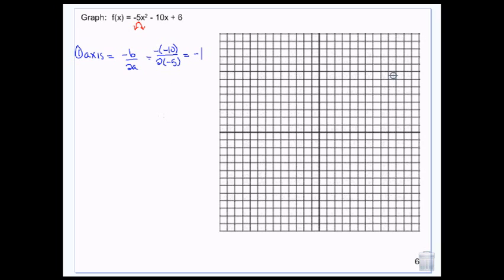So I'm going to go to -1 and make my axis. Okay. So then I need to find the y-coordinate of the vertex. And to do that, I'm going to plug in.